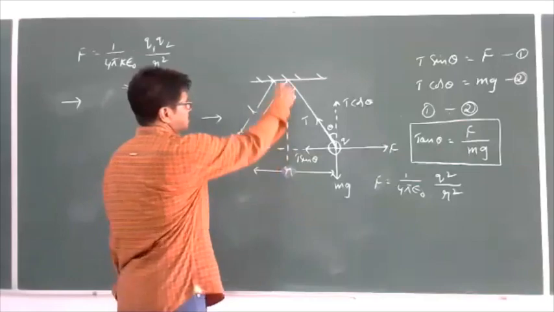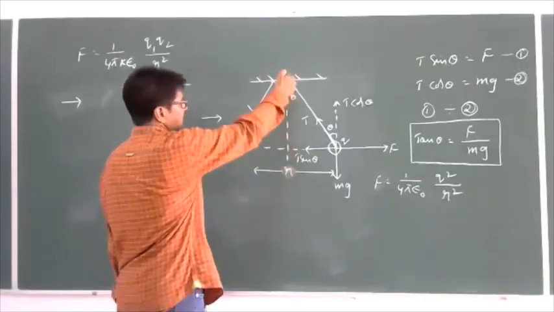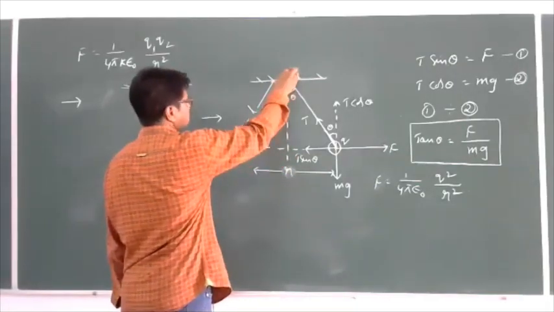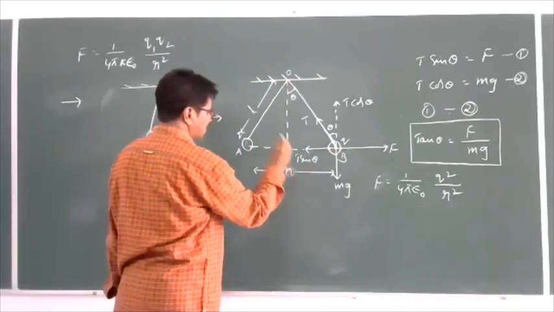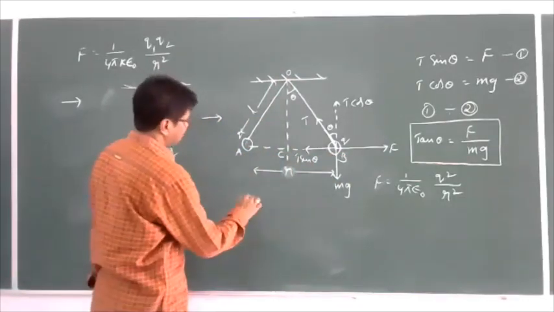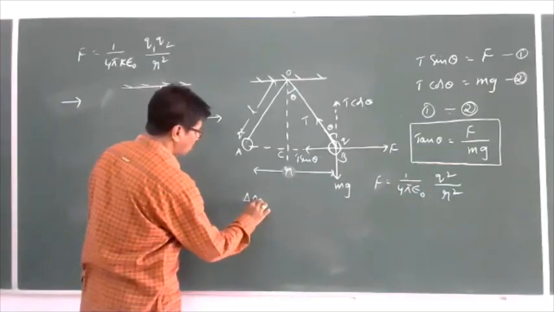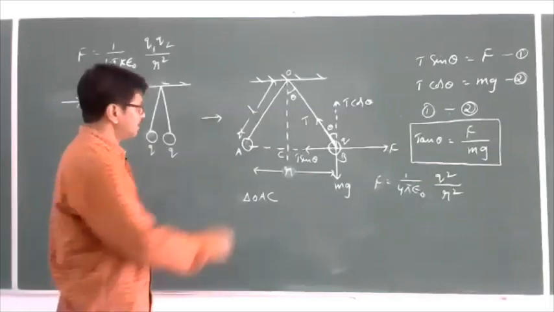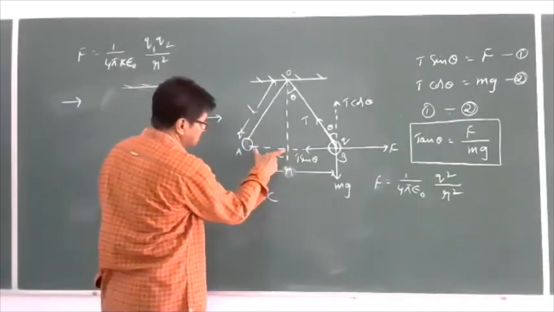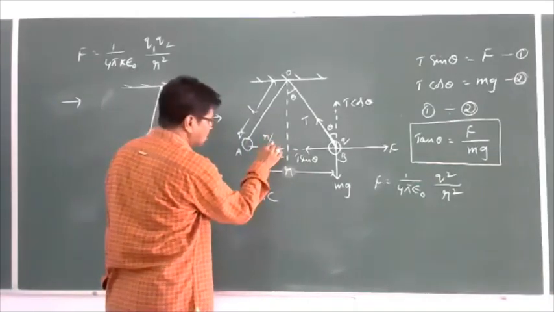If I take this triangle, for example, this is O, A, B, C. If I take the triangle O, A, C, then this distance will be r by 2.